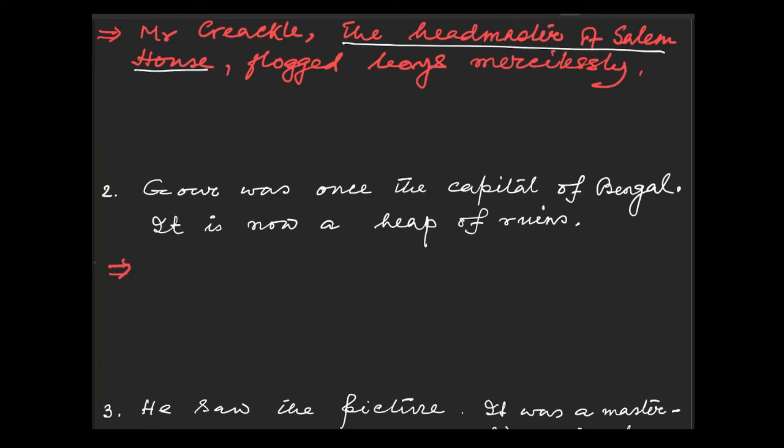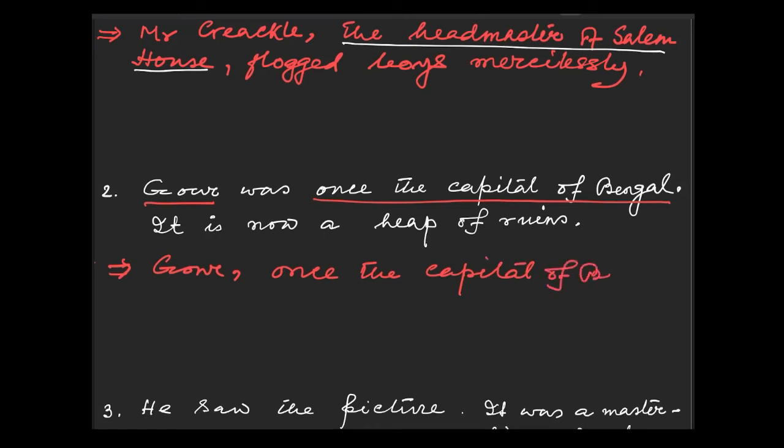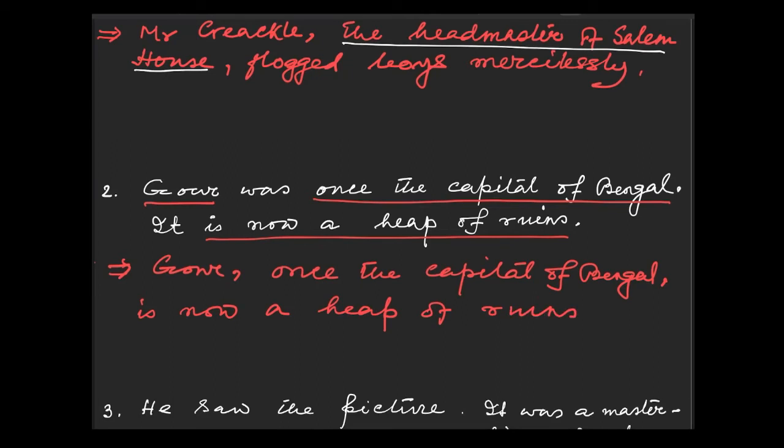Second one, Gaur, noun, once the capital of Bengal. This is also a noun phrase. Put them side by side. Gaur, comma, once the capital of Bengal, comma, take this part, is now a heap of ruins.